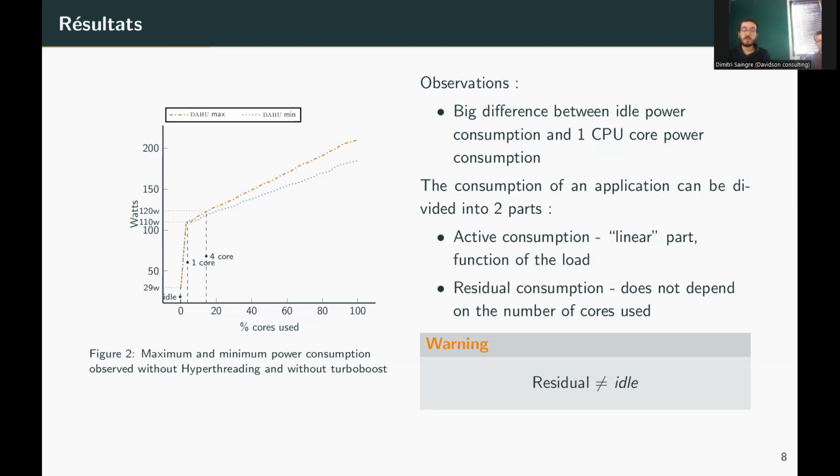We call this residual consumption, and it doesn't depend on the actual load. It's just there because you start to use the core on your server. Then when you turn on the first core, then all the cores, the consumption is quite linear, and it's a function of the load. So you have a linear energy consumption.